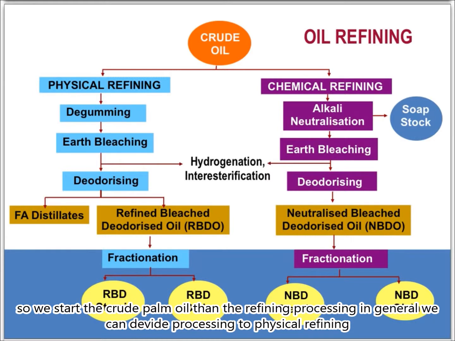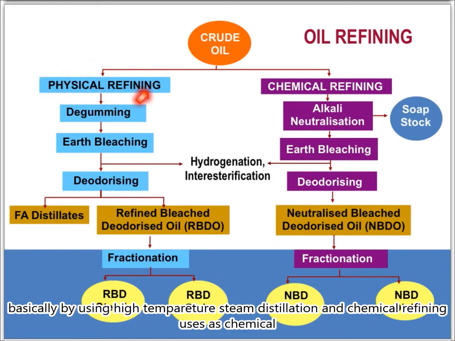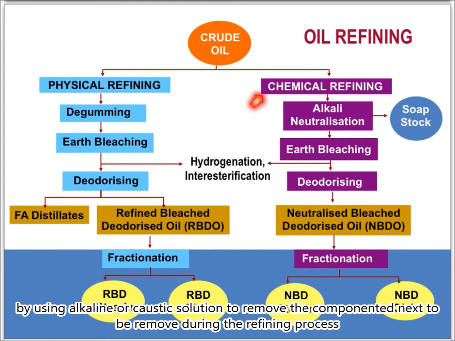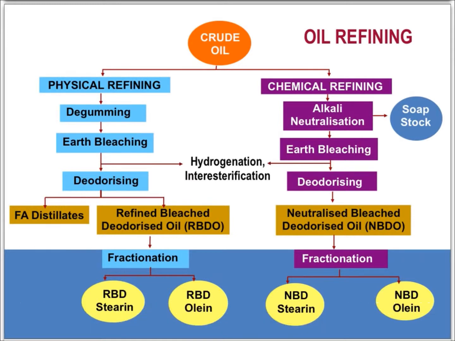Then for the refining process, in general, we can divide the process into physical refining, basically by using high temperature steam distillation, and chemical refining, which uses chemicals, alkali or caustic solution, to remove the components that need to be removed during the refining process.